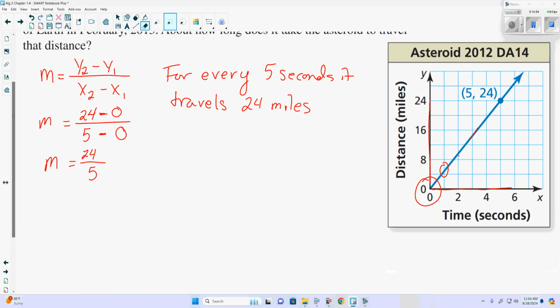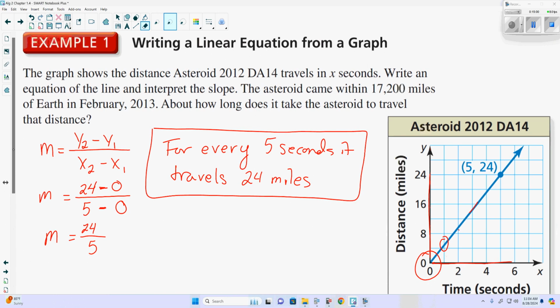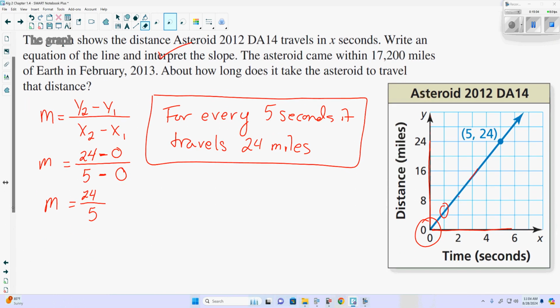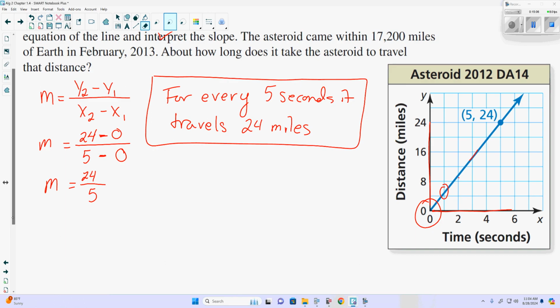So, we found our slope. We interpreted the slope here. Done. Now we need to find the equation of the line, yes? We have two equations for it: point slope and slope intercept.